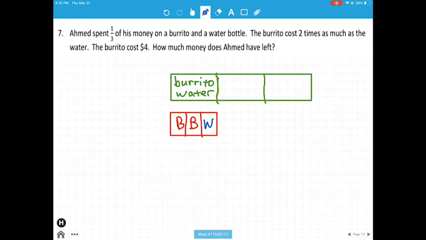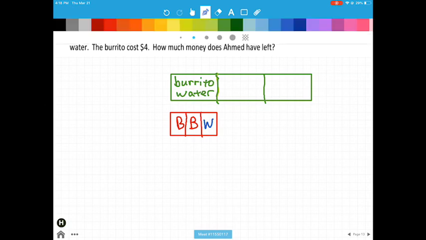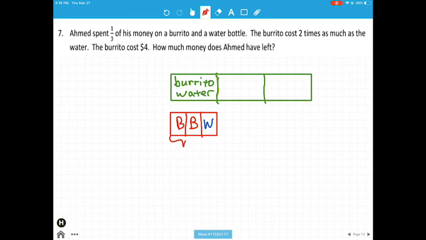Now, we know that this burrito costs $4. How much does the water cost? Some of you can guess by just looking, but you can also do some math here. We know that 2 units is equal to 4.